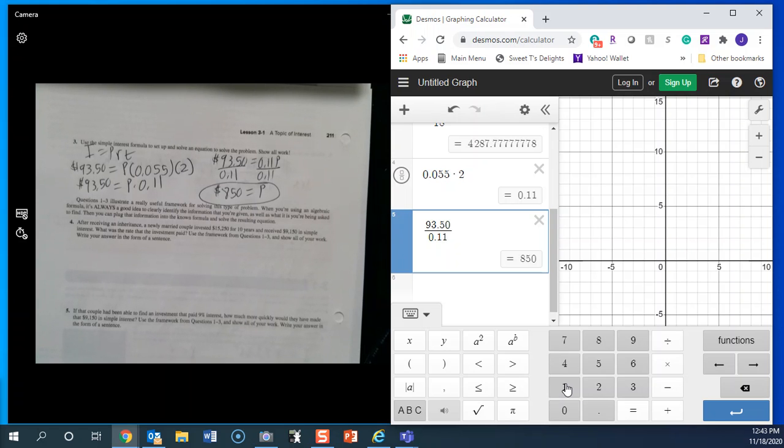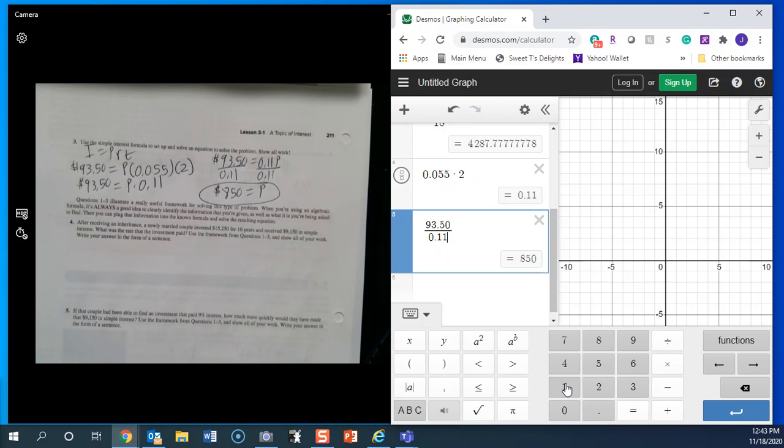Now, it says questions 1 through 3 illustrate a really useful framework for solving this type of problem. When you're using an algebraic formula, it's always a good idea to clearly identify the information that you're given, as well as what it is you're being asked to find.